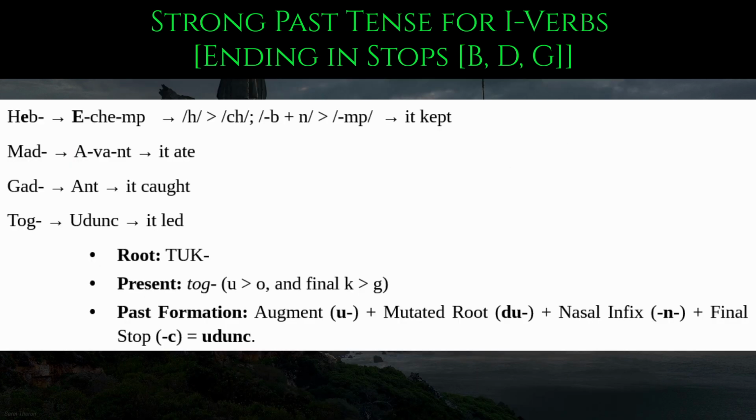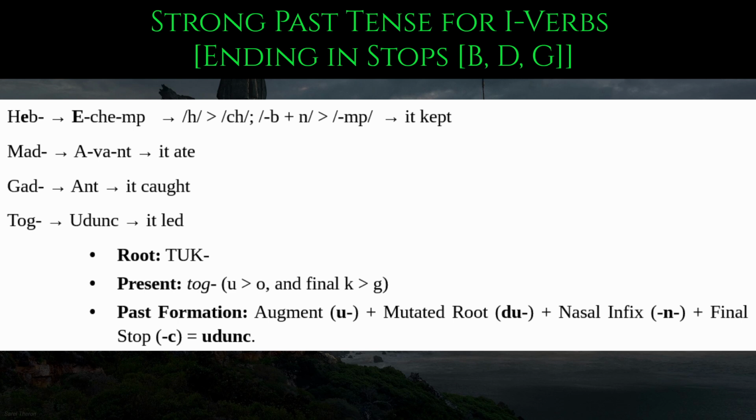And now back to the strong past tense. Here, for example, we have the stem hep, which becomes a hemp, which means it kept. Now, let us look at this step by step. First, we have one syllable, so it is monosyllabic. It starts with h. This becomes h.